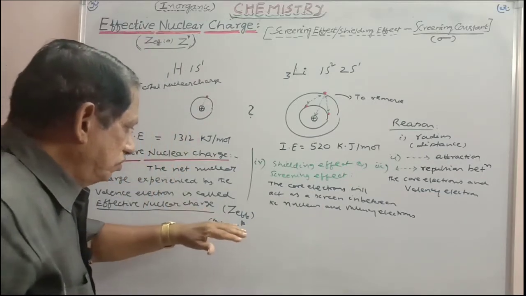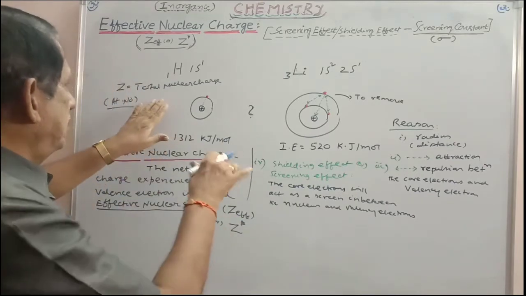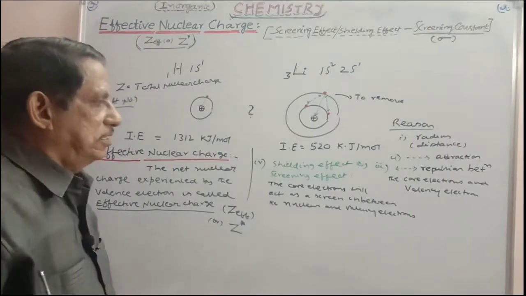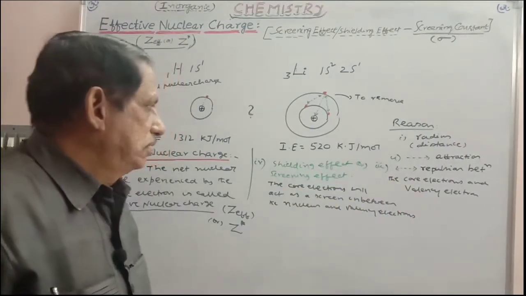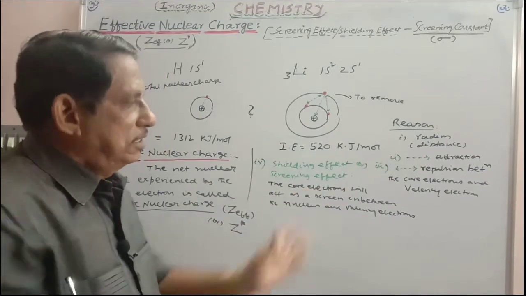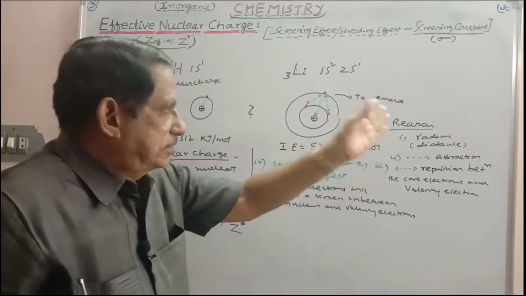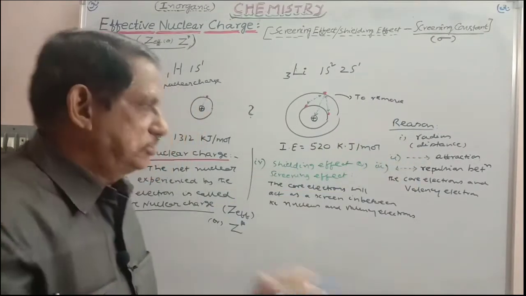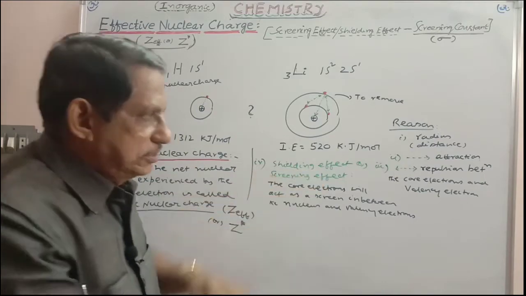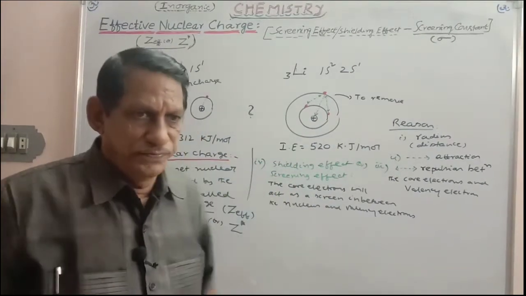And so if you want to calculate the effective nuclear charge, you have to subtract something from this total nuclear charge due to these repulsions, as well as screening effect, as well as radius. Radius is increased, attraction is decreased, repulsions are increased, attraction is decreased, shielding effect is increased, attraction is decreased. Put together you have to give it value.